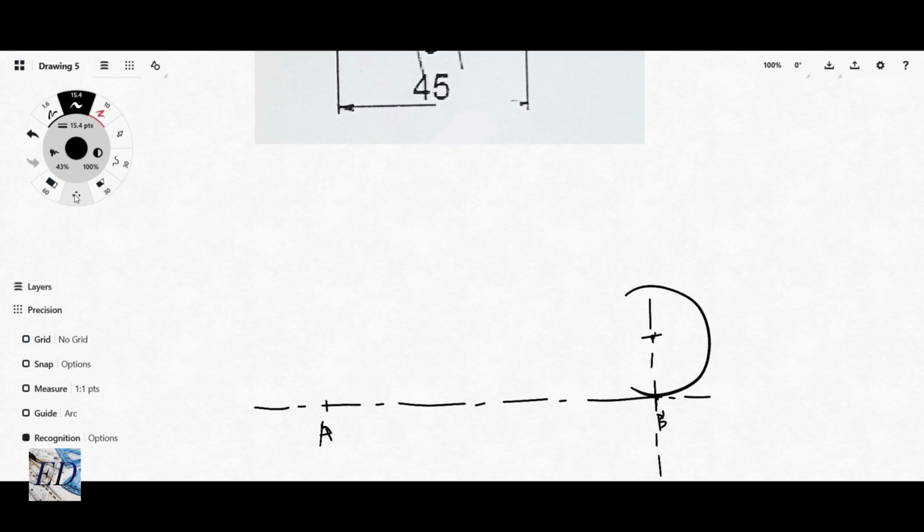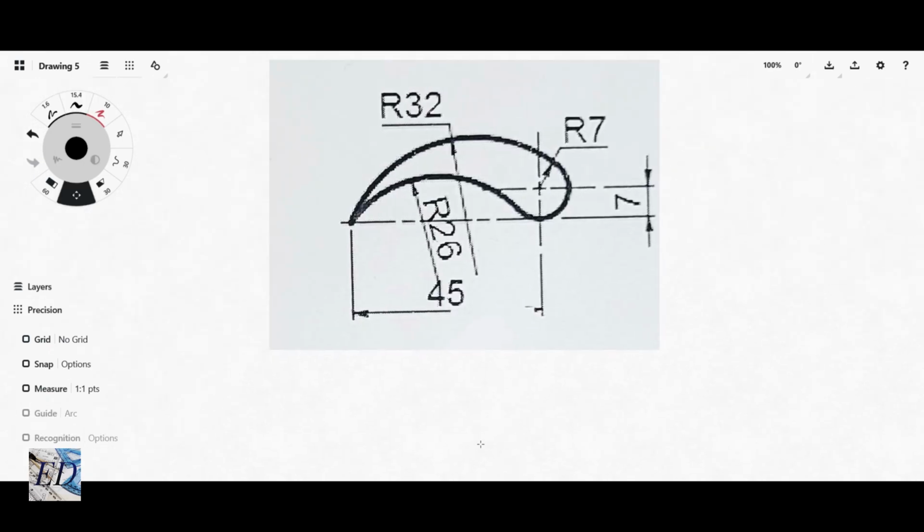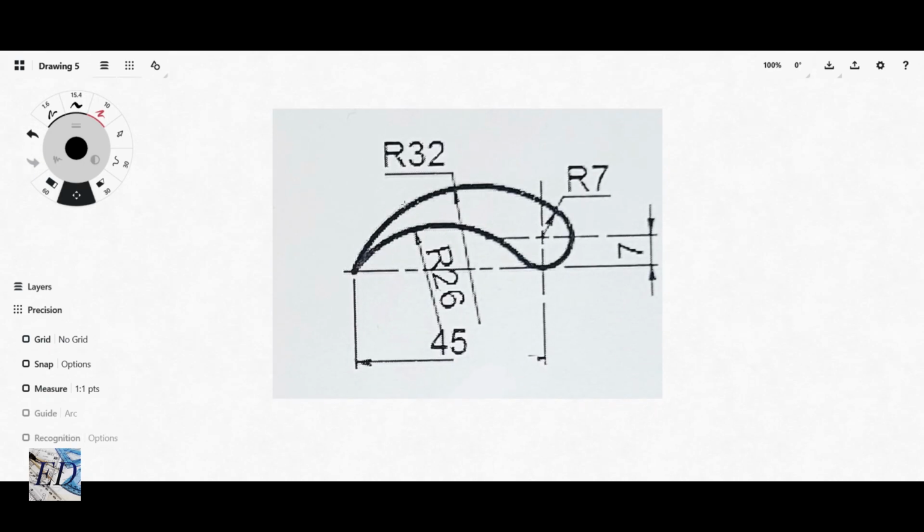Now we go to the next arc, and getting the next arc is going to be a bit tricky, but it's not that difficult. So you just take your time and you get it right.